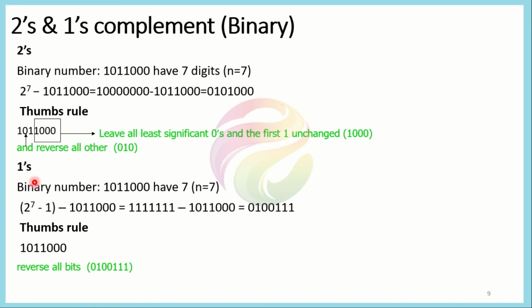So whenever we are required to take the ones or the twos complement, the best way is to first take the ones complement, which is just reversing all the bits, and then if we want to calculate the twos complement, we simply add 1 to this, which will result in the twos complement.